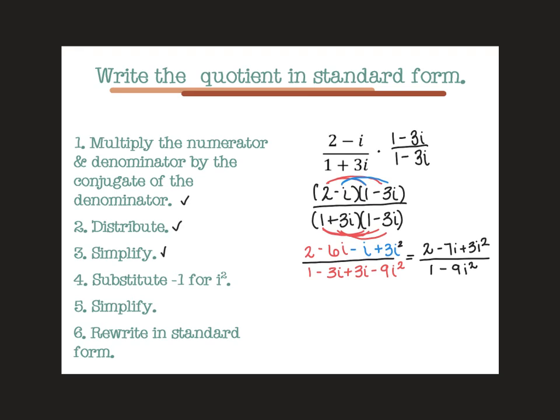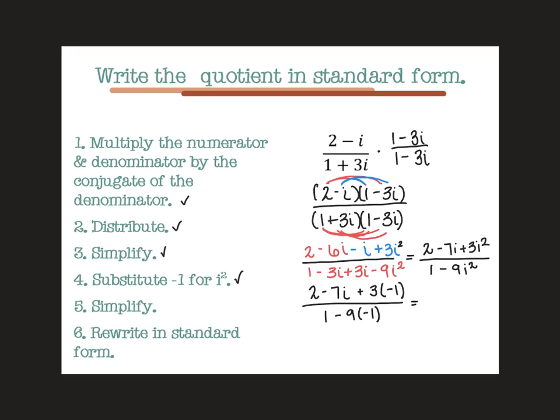Next, I would substitute in negative 1 for i squared. So in the numerator, I would now have 2 minus 7i plus 3 times negative 1. In the denominator, I would have 1 minus 9 times negative 1.